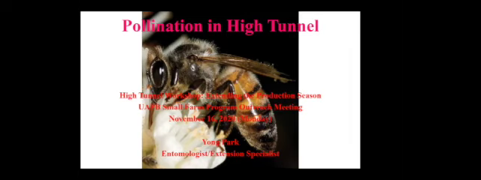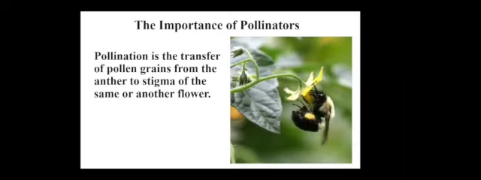But in general, when I looked at some high tunnel crops and vegetables, and a lot of vegetables, I'm going to talk about this a little bit later. First of all, I want to share about the importance of the pollinators. Everybody knows pollination is the transfer of pollen grains from the anther to the stigma, during a certain period of blooming.